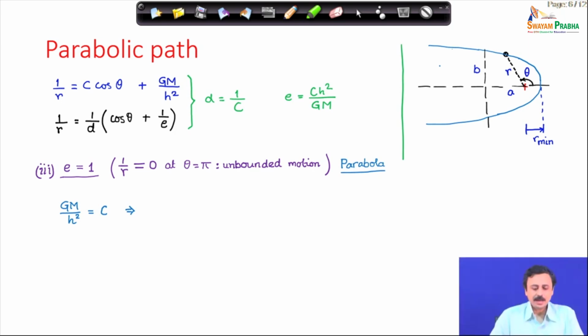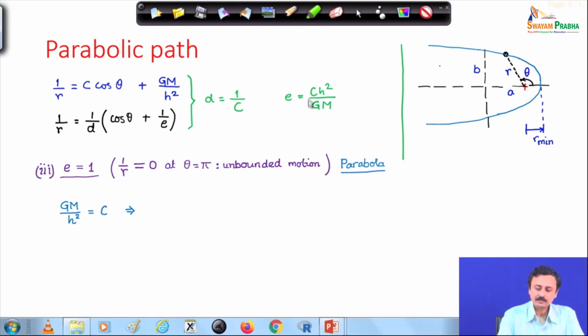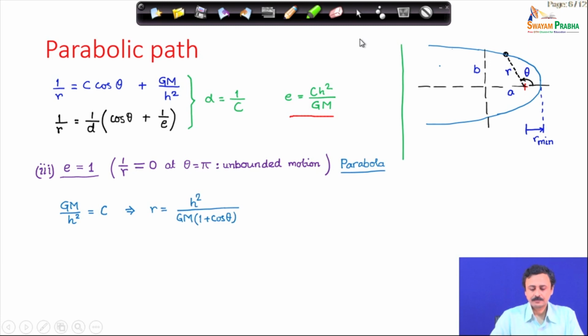Since e is 1, G M by h square is equal to C. And from here it follows that r is h square by G M into 1 plus cos theta.